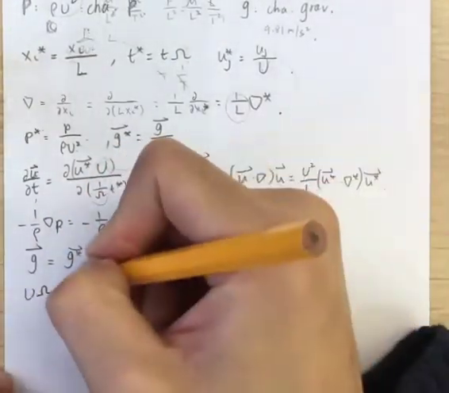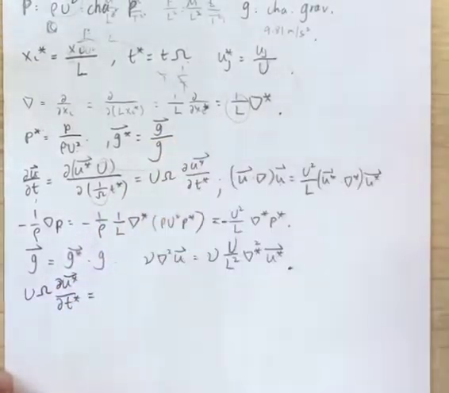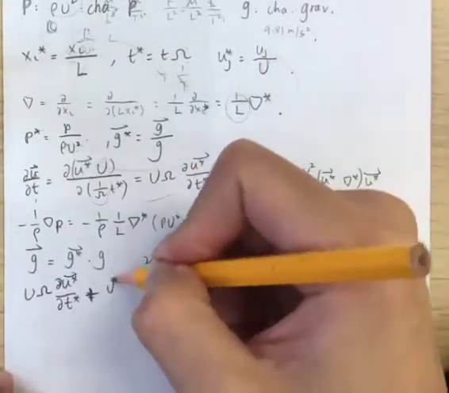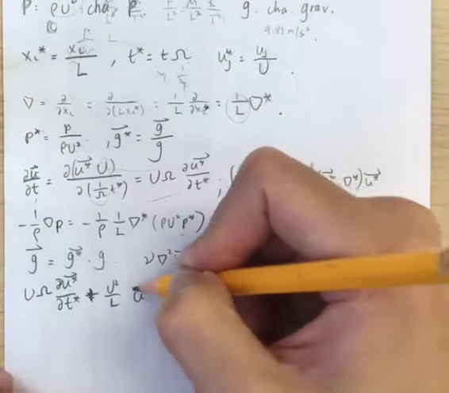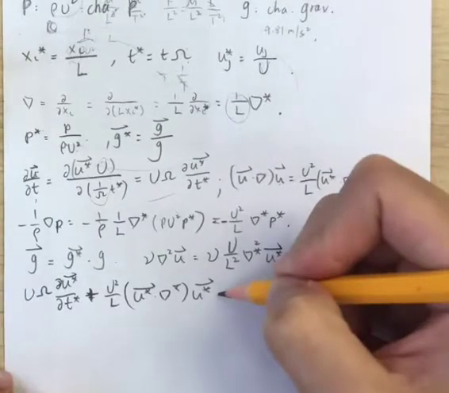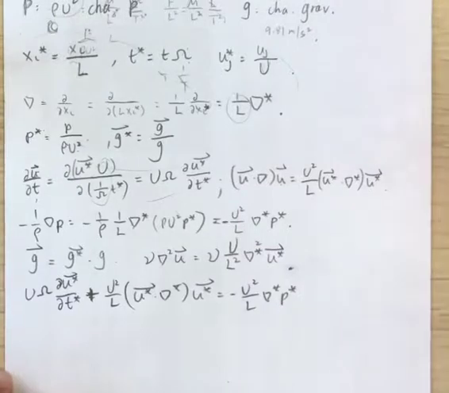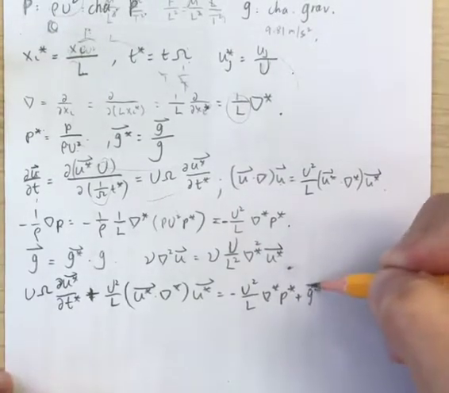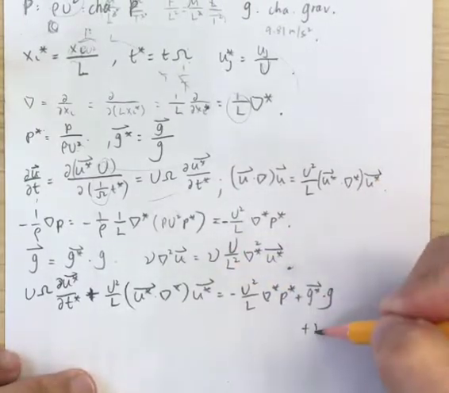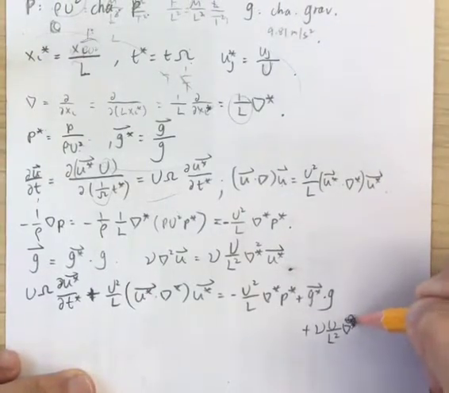U omega dU star dt star, plus U squared over L U nabla U, equals the right hand side: U over L times this, and G, and here nu U over L squared times the non-dimensional Laplacian.